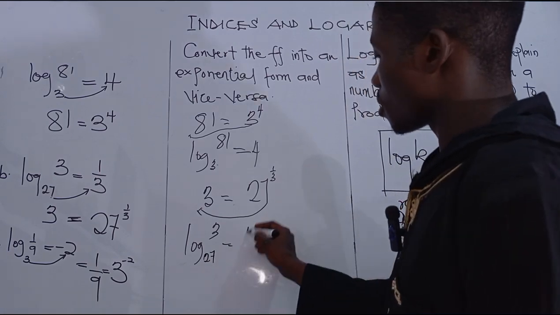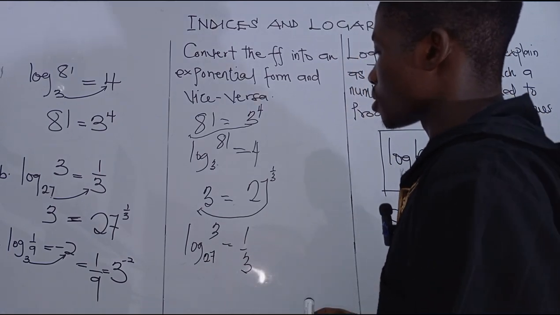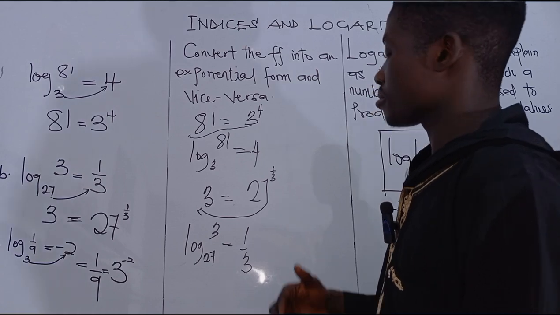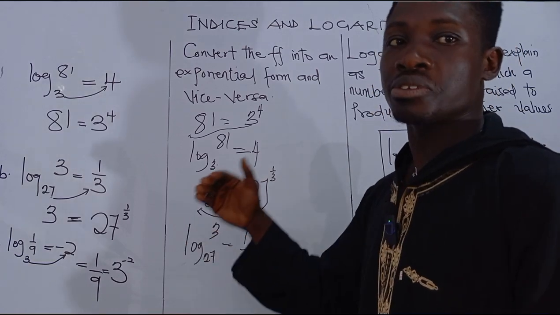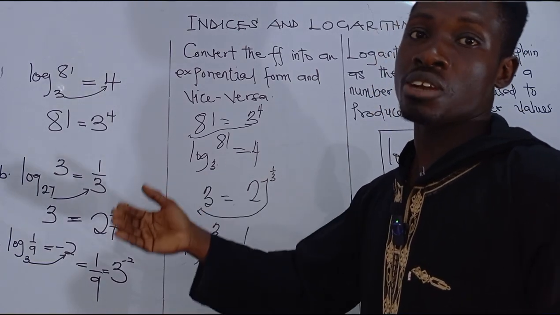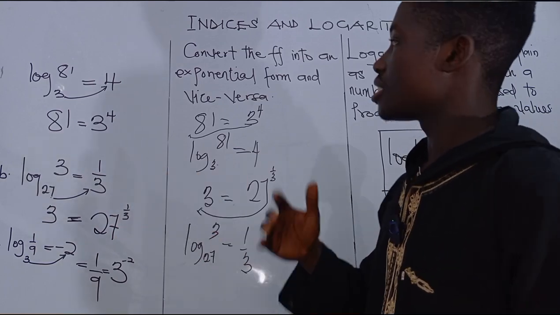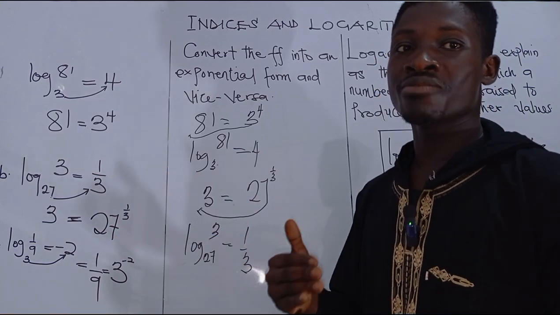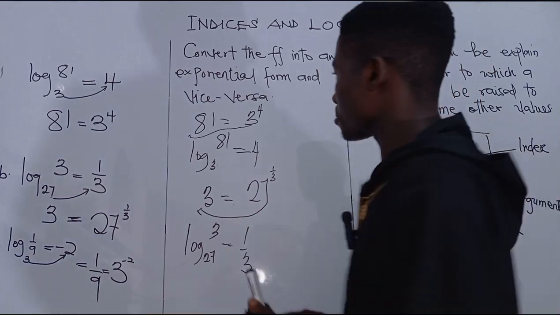We are left with 1 over 3. So this is how we convert a number in a logarithm form to an exponential form, and vice versa. Now that we have this, let's look at evaluating logarithms.